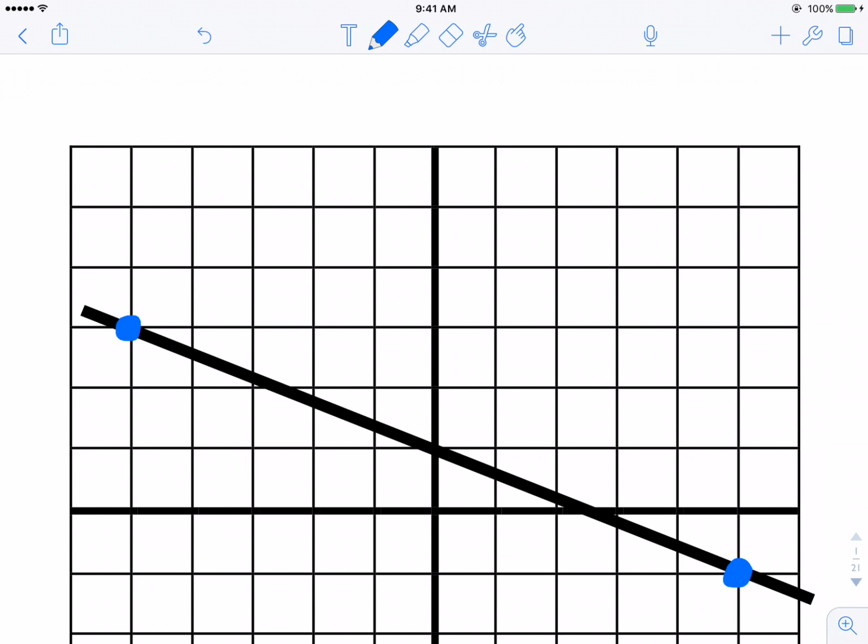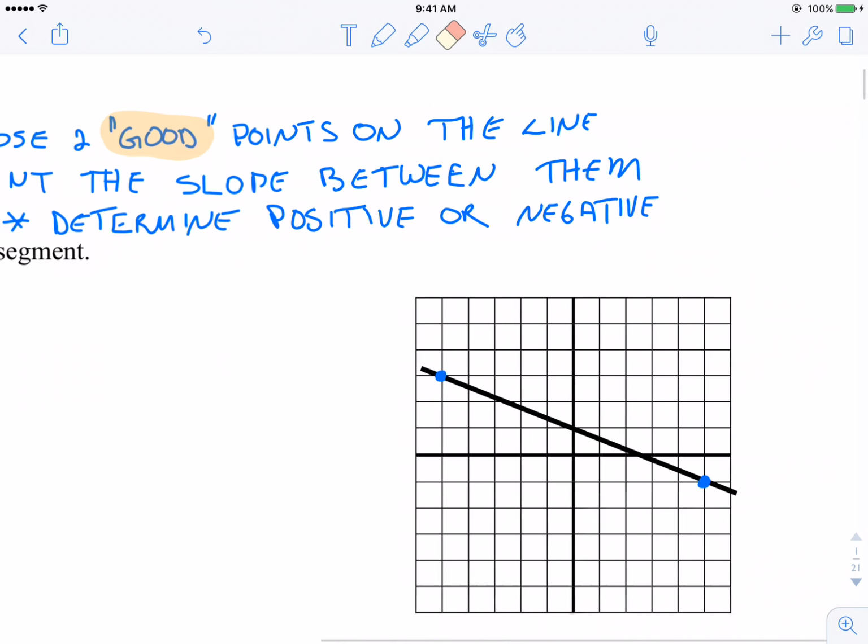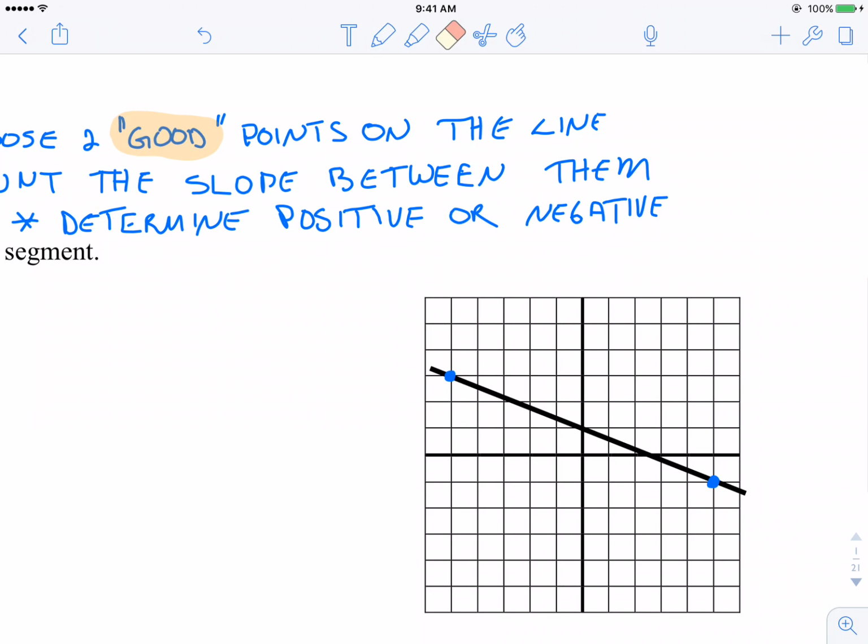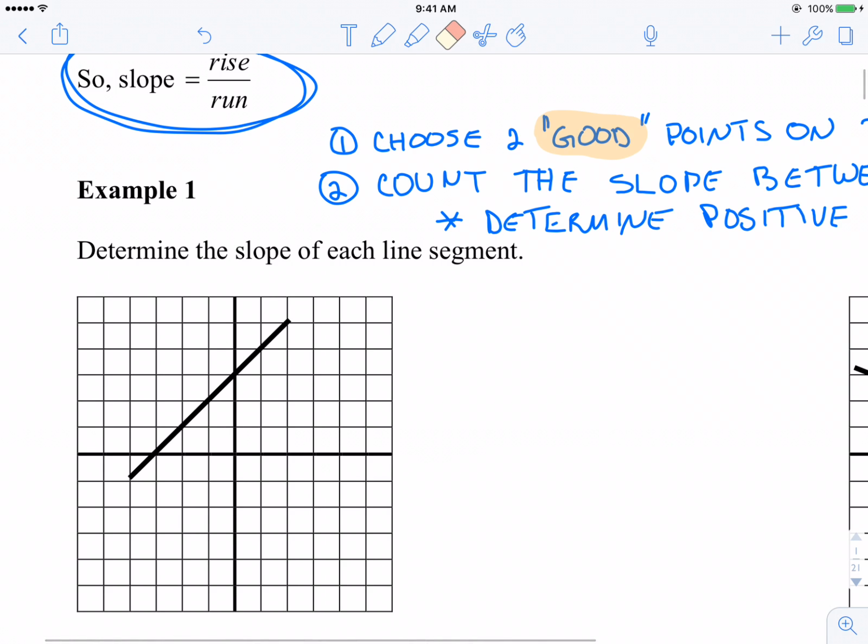Because they're at intersection points that are very easy to read. I could probably even choose this one right here. So any of those 3 points would be points that I would choose. Okay? Because that's example 2, we'll come back to that in a second. I'll leave those 2 points noted because I am going to use those to calculate the slope. Let's look at example 1.